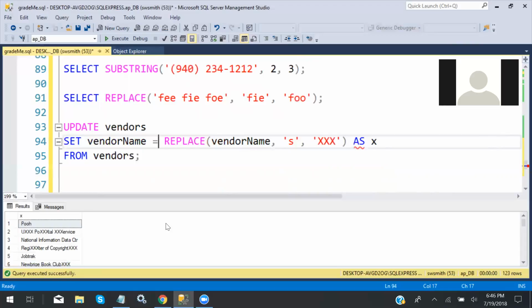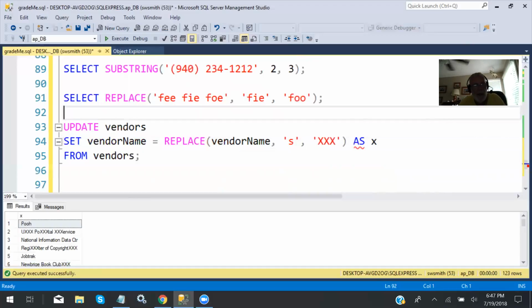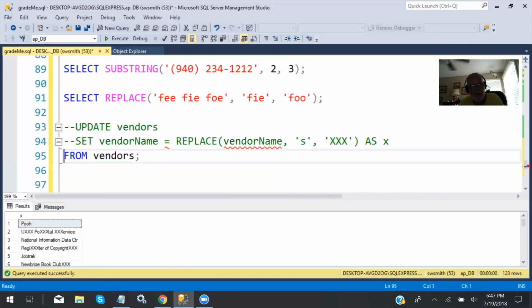If I do an update, that's going to change it. So we want to be really careful with our SQL. We don't leave stuff like this laying around in our files because that is dangerous, and it will change that table, and it will update the vendor name, and all of the S's in the vendor name are going to get changed to XXX.